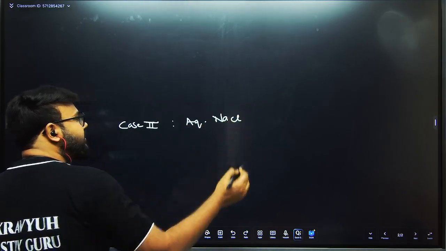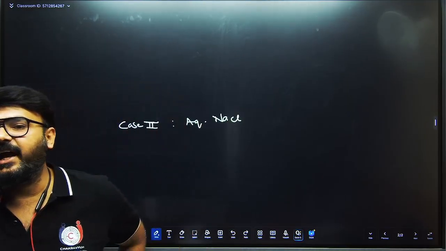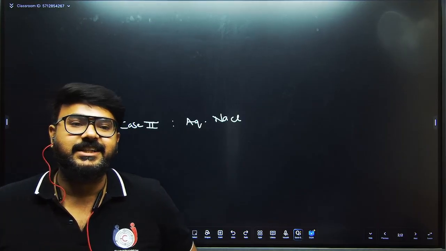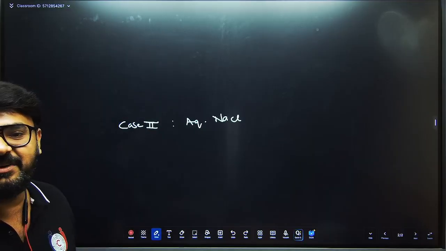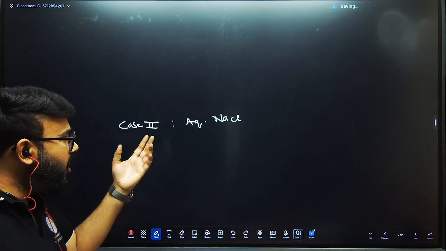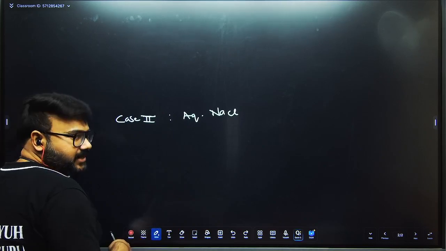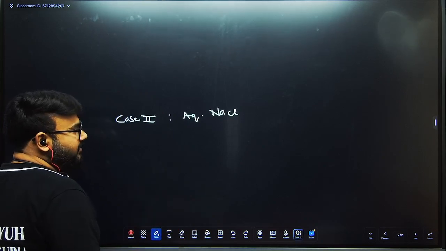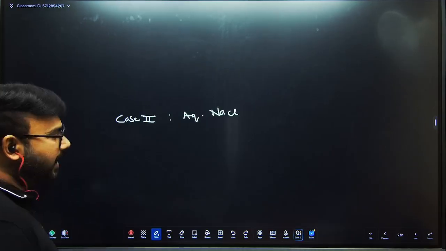Basically, we took a brine solution. Now tell me, is it dilute or concentrated? It's not mentioned. If it's not mentioned, what do we consider by default? You will take concentrated. And which electrode will you take here? Platinum electrode. I hope it's clear.